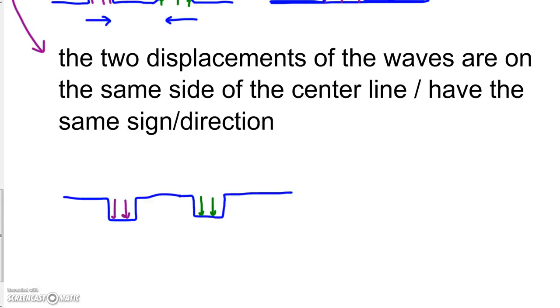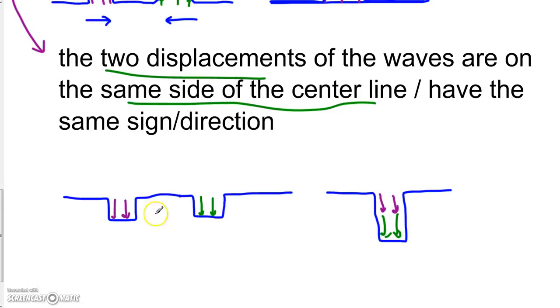Let's see, and then we have this super wave that we make, because we're adding the purple displacements with the green. So they go all the way down to the bottom there. Is this constructive? Well, both displacements of the two waves, purple and green, are on the same side of the center. They're both below. So yes, this is constructive.